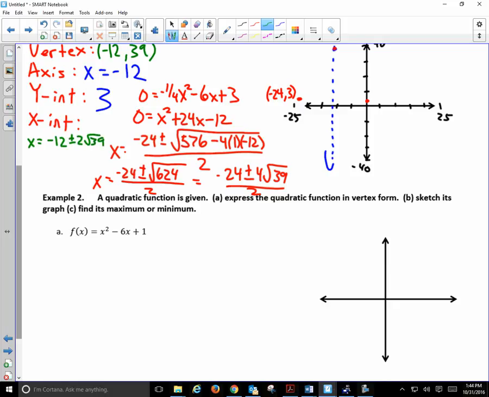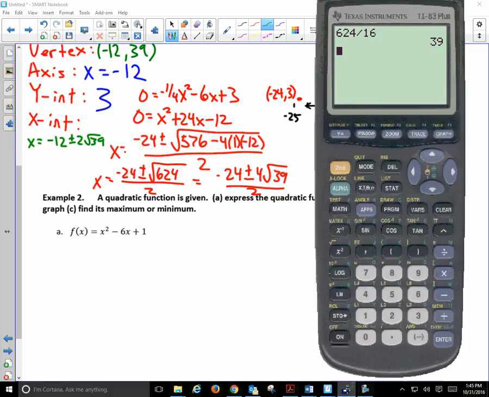Why would I want to express them as decimals as well? So I could graph them, because I want them to be around negative 25 and around 0. In order to make sense with my graph, that's about what they should be, right? So we take out the handy-dandy calculator, and we go negative 12 plus 2 roots of 39, and I get 0.49.